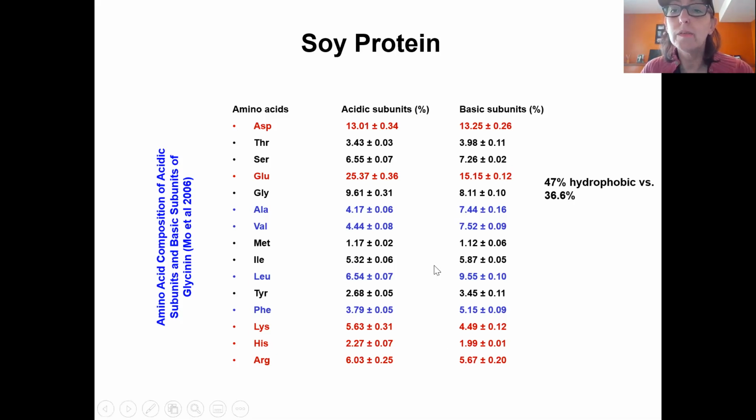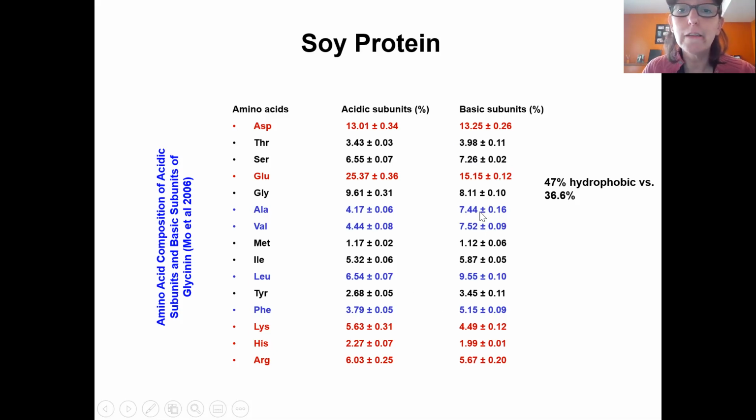If we look at the percentages, we have a higher percentage of hydrophobic amino acids in the basic subunit compared to the acidic subunits. So in general, taking into account all of the hydrophobic amino acids, we have 47% hydrophobic amino acids in the basic versus 36% in the acidic subunits.